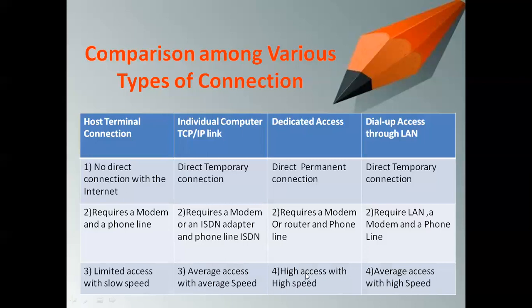Broadband is high access with high speed. The next one, dial-up access through LAN, is average access with high speed. So these two connections are with high speed, and these two connections are with slow speed.